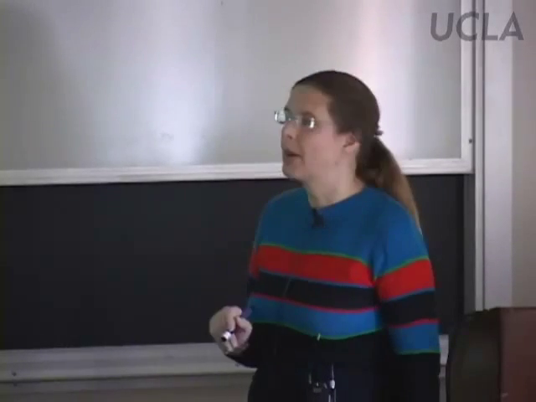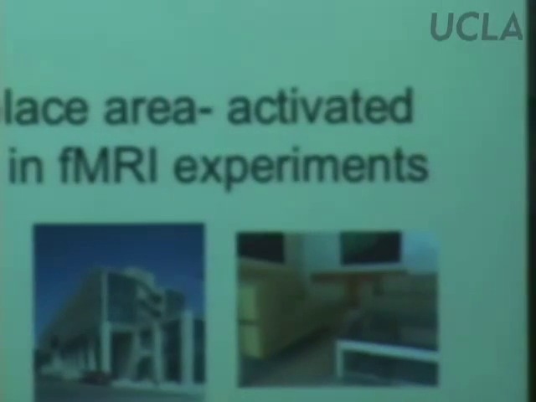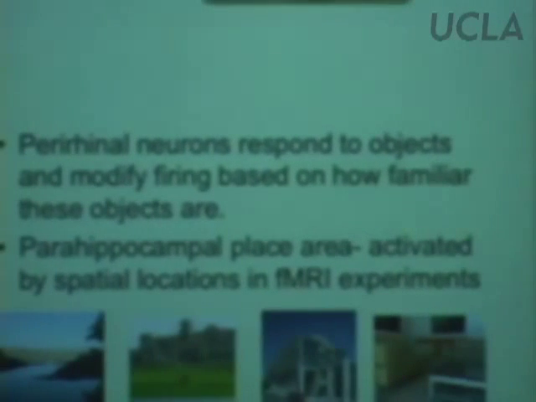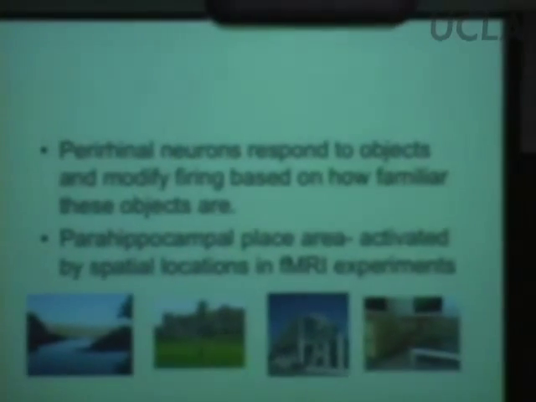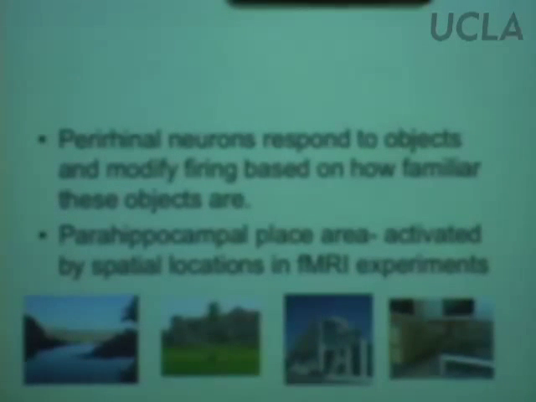And one thing about these perirhinal neurons is they definitely modify firing based on how familiar these objects are. You show the subject a stimulus, you're recording from a neuron in the perirhinal cortex. The second time you show the stimulus, you almost always get a big decrement in firing.